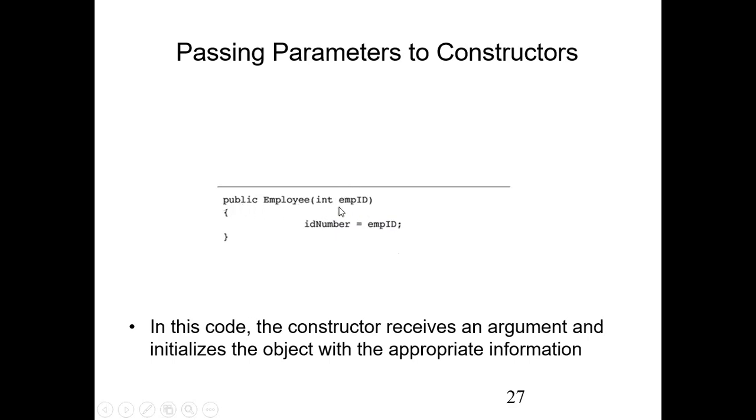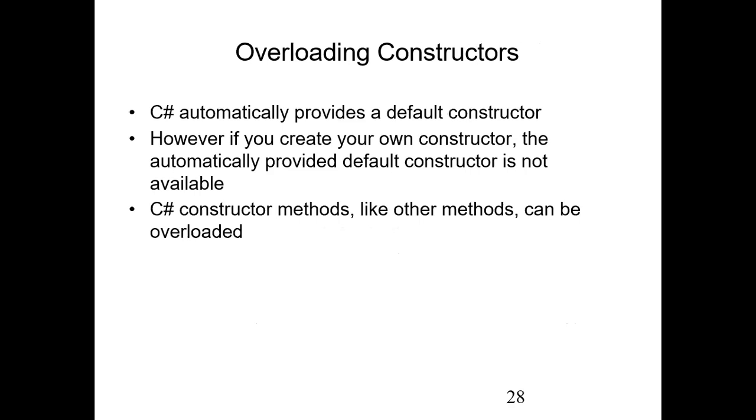Now we have a parameter empID, and it's that parameter that we're going to use to set the employee ID, which means whenever we create a new employee, we are supposed to specify the ID of that employee, and the ID of that employee is the one that is going to be set in ID number. So that's how we go about creating parameterized constructors.